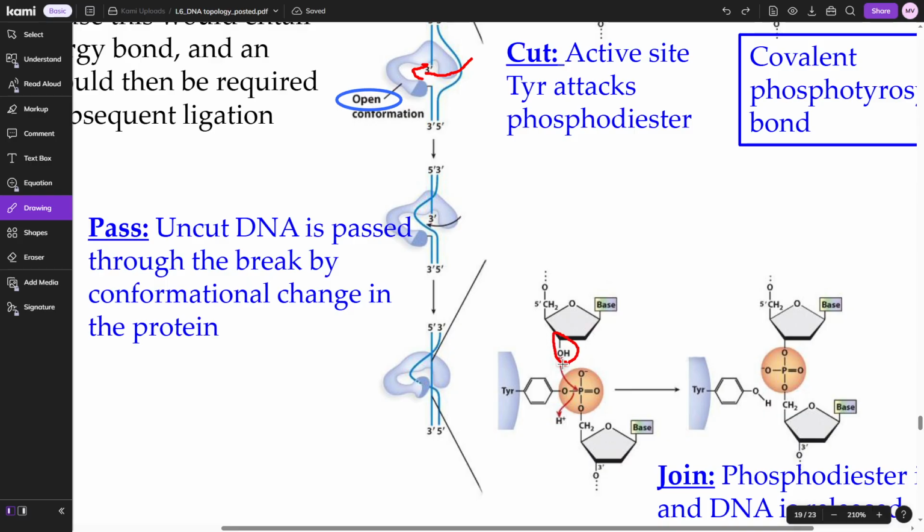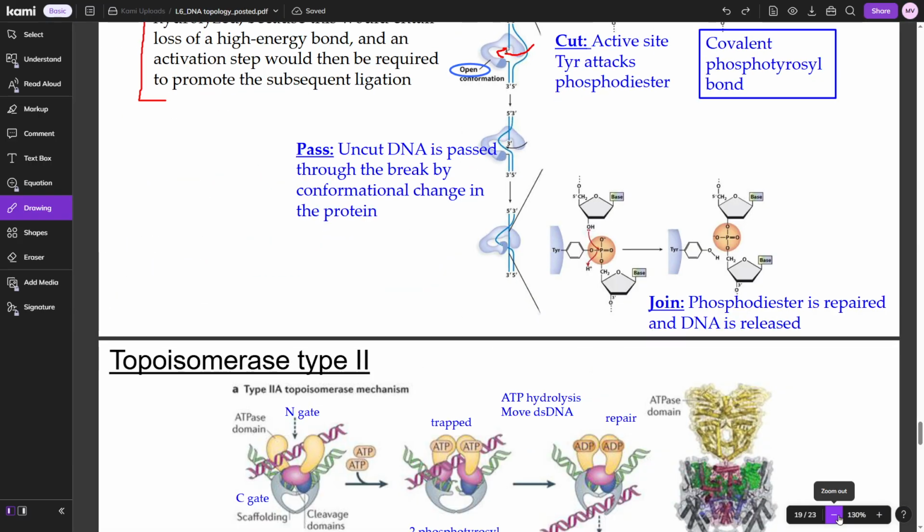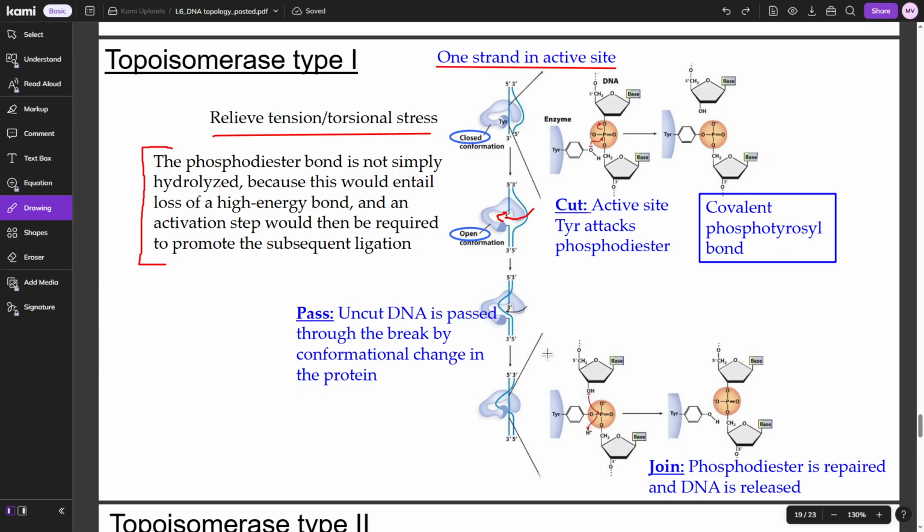Like the O from this attacks the phosphate and it kicks out the tyrosine and resets the whole thing. And so basically you've just relieved a twist by doing that.